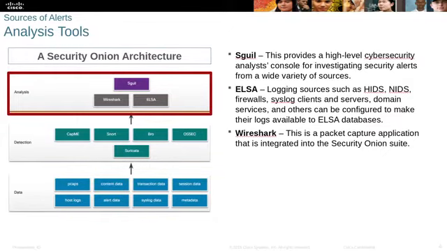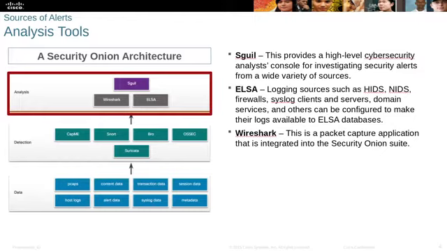Sguil serves as a starting point in the investigation of security alerts. A wide variety of data sources are available to the cybersecurity analyst through pivoting directly from Sguil to other tools. So we can pivot from Sguil to ELSA, we can pivot to Wireshark and various other tools.